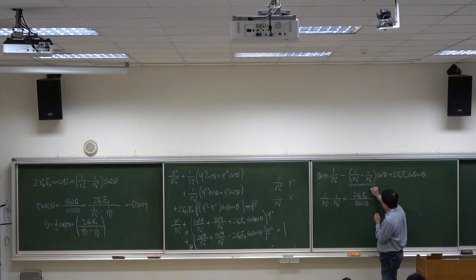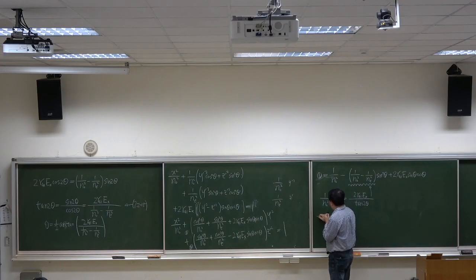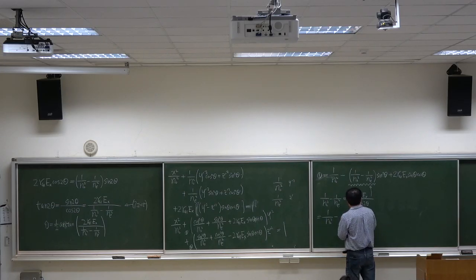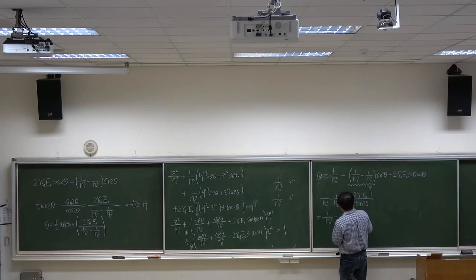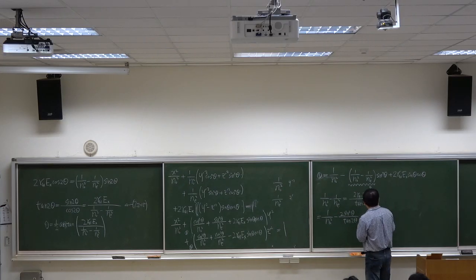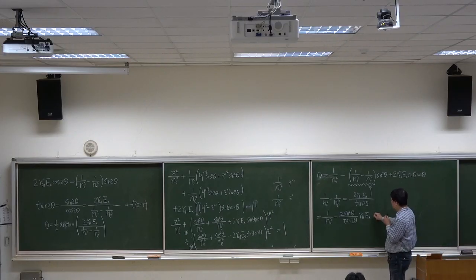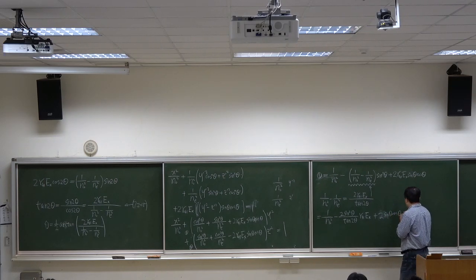So we can substitute this into this equation to get 1 over NO squared minus this times r41 Ex, okay, plus 2 sine theta cosine theta r41 Ex.